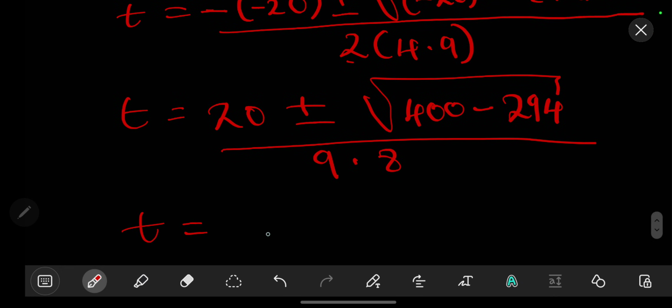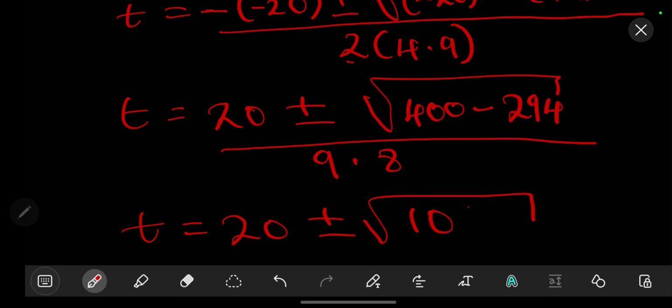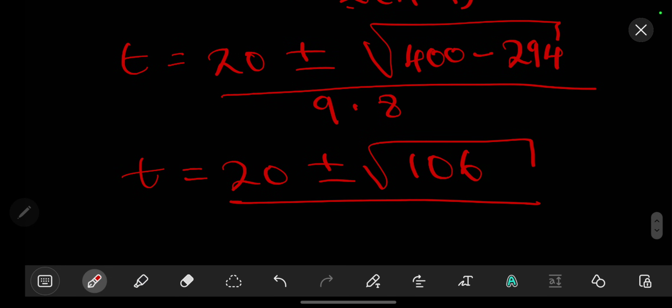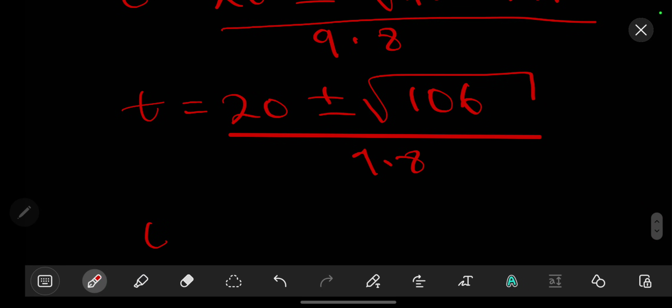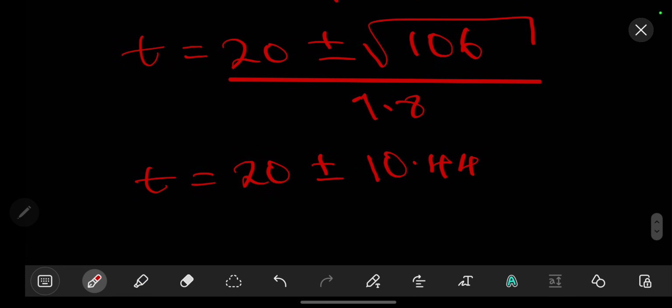So t should be equal to 20 plus or minus the square root of 400 minus 294, which gives us 106, over 9.8. The root of 106 gives a value of 10.44, then we divide by 9.8.